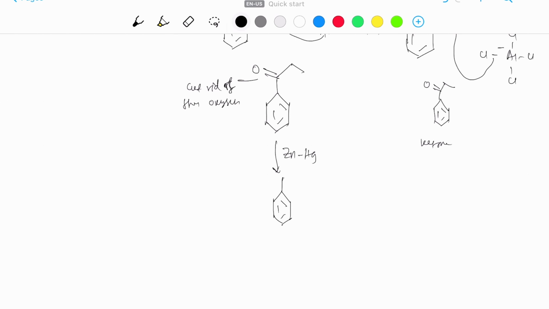Now that we form this, this is called Clemmensen reduction, and this reaction is the Friedel-Crafts acylation reaction. Great, I'll see you next time.